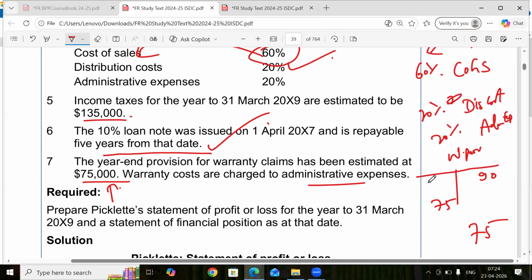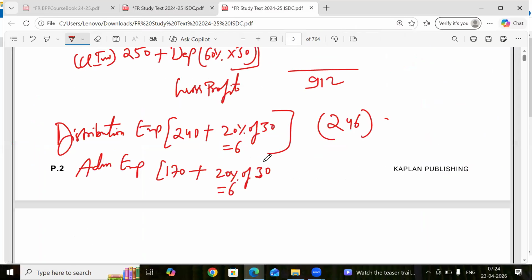So definitely 15. They have reduced the provision by 15. Okay. So this has to go to administrative cost or expenses. So warranty cost.